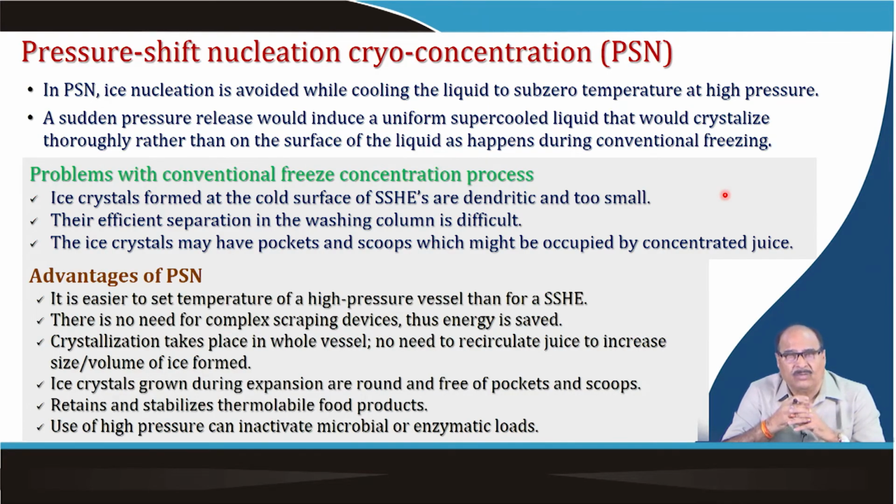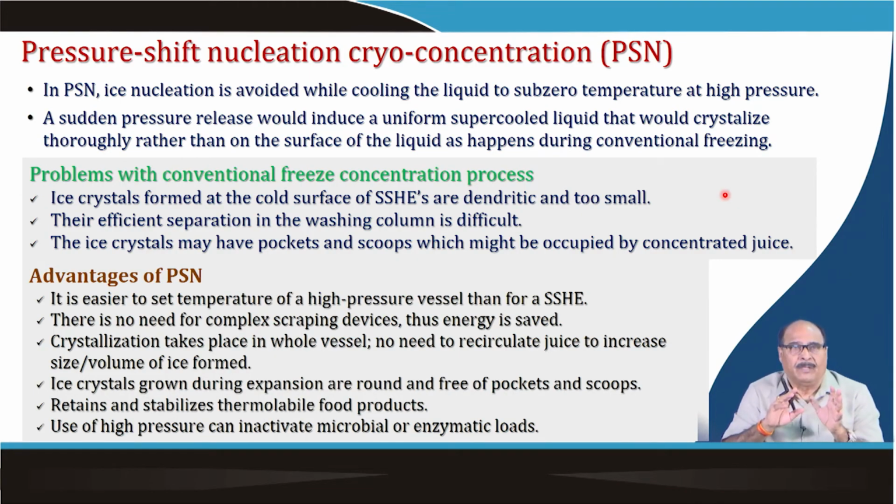Crystallization takes place in the whole vessel, with no need to recirculate juices to increase the size or volume of ice formed. Ice crystals grown during expansion are round and free of pockets and scoops. It retains and stabilizes thermolabile food products, and the use of high pressure can reduce microbial and enzymatic loads, etc.